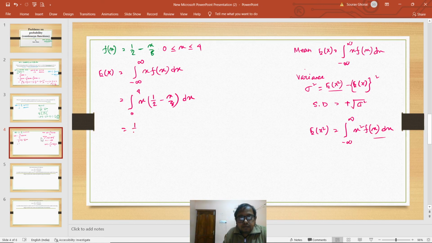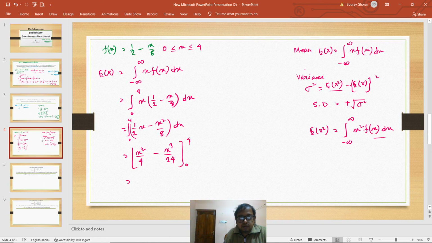That is the integral from 0 to 4 of half x minus x square by 8 dx. If we simplify, we will get x square by 4 minus x cube by 24, from 0 to 4.